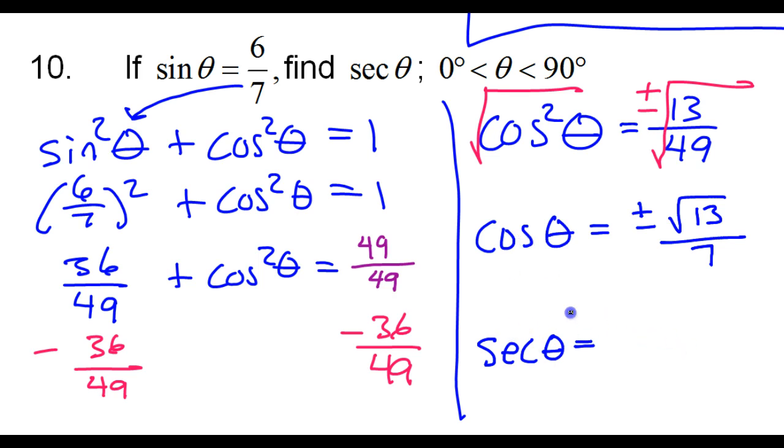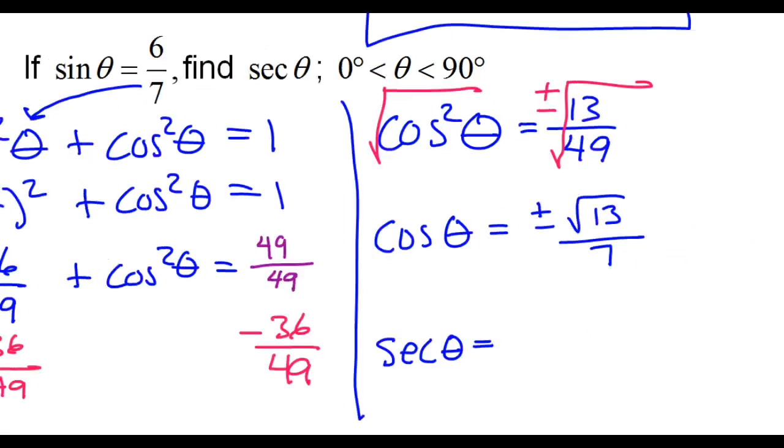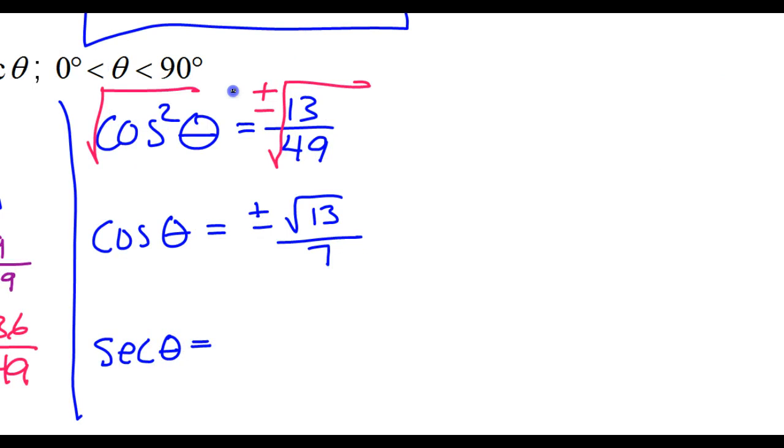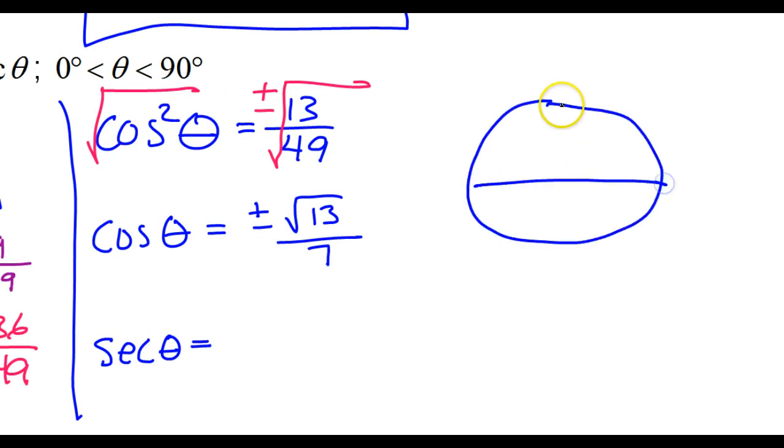Well, before I do that final answer, let's decide if it's positive or negative. Okay, so let's look at a quick diagram of the unit circle. The directions say between 0 and 90 degrees. Well, 0 and 90 degrees, that's just the first quadrant.